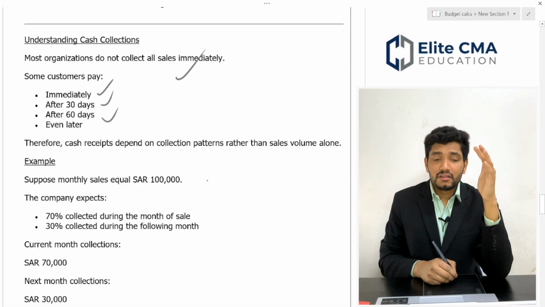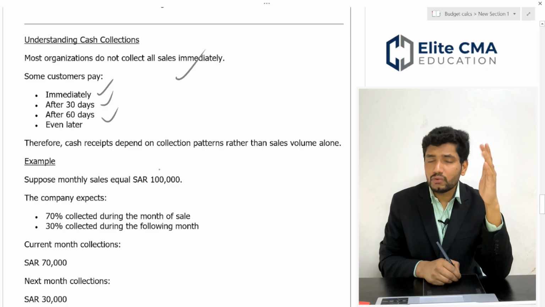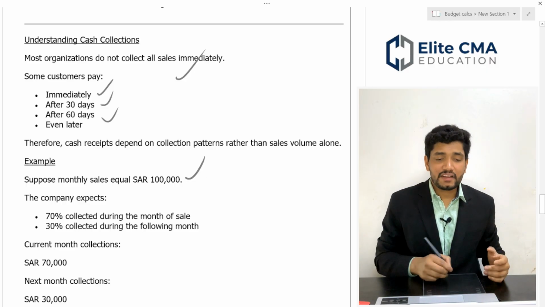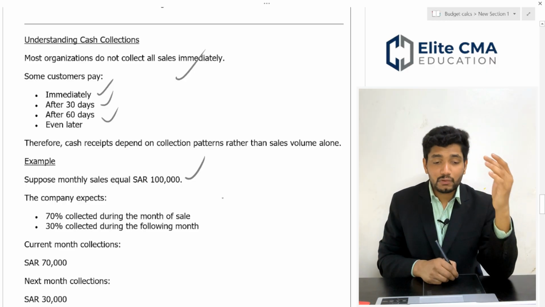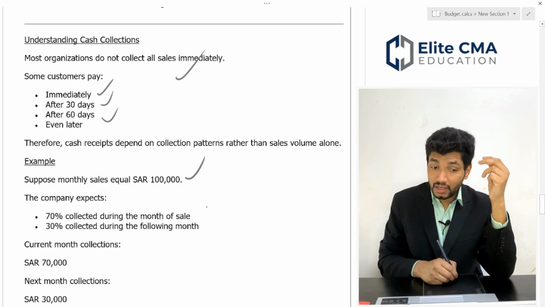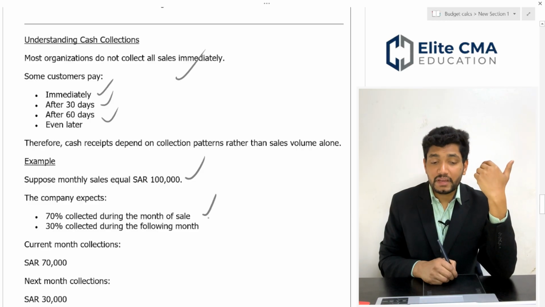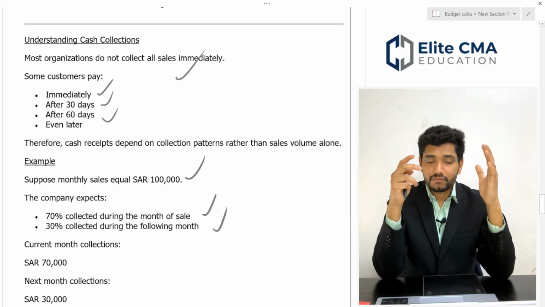For example, suppose a company made sales equal to $100,000. The company expects to collect 70% during the month of sales and 30% in the following month.